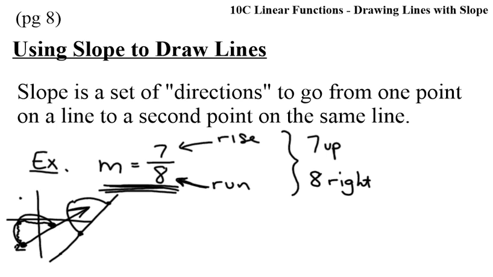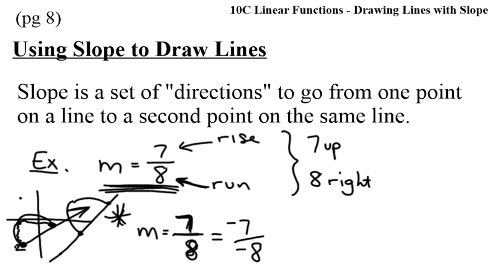There's the point. However, what's really important to understand is that a slope of 7 over 8, how else can I make a slope of 7 over 8? It's a positive slope. Don't forget that to create a positive 7 over 8, we could have started with negative 7 over negative 8.